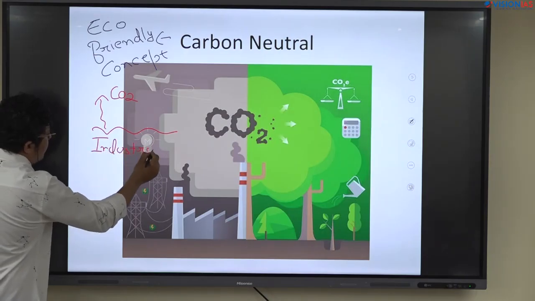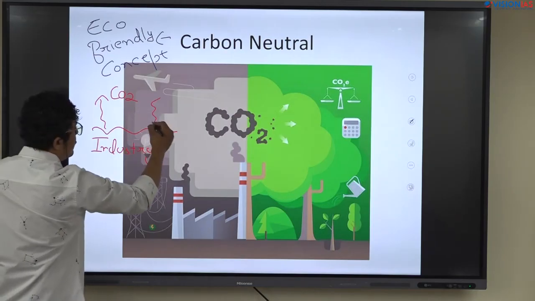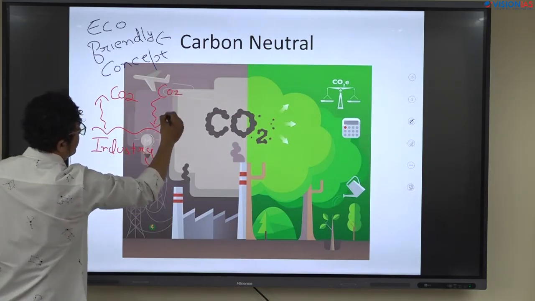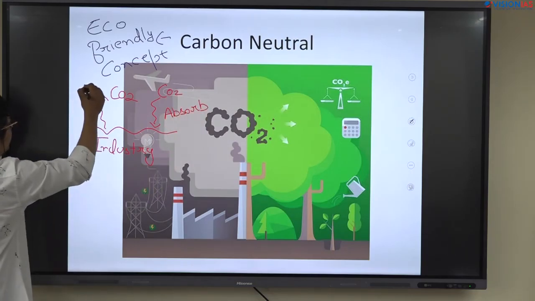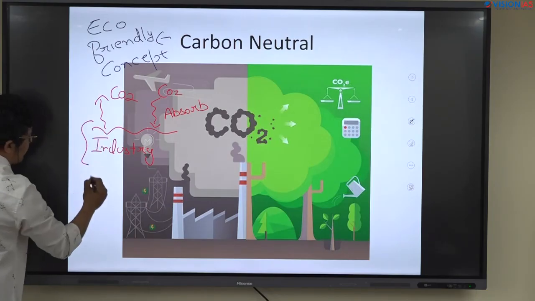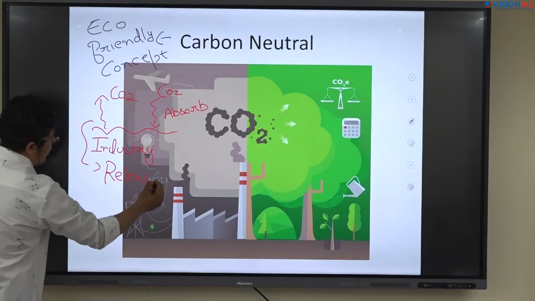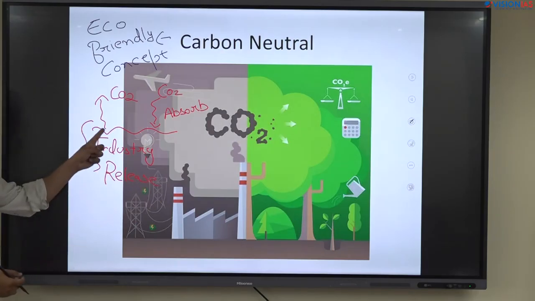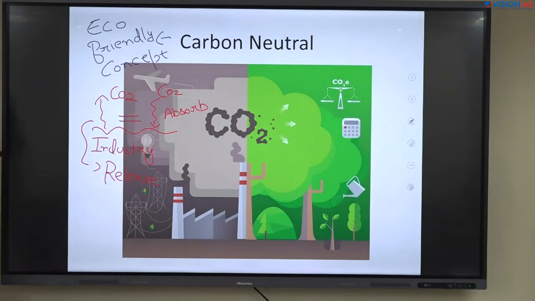Industry releasing carbon dioxide. So the amount of carbon dioxide they released, if they absorb same amount of carbon dioxide which they are releasing, so amount of carbon dioxide being released equals amount of carbon dioxide being absorbed.